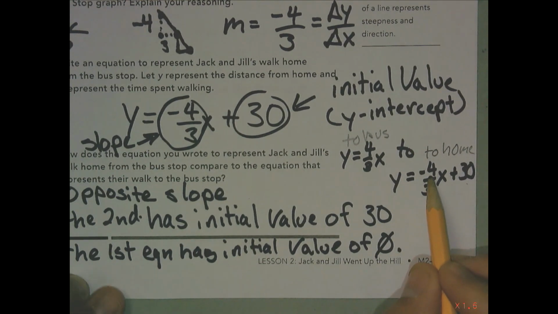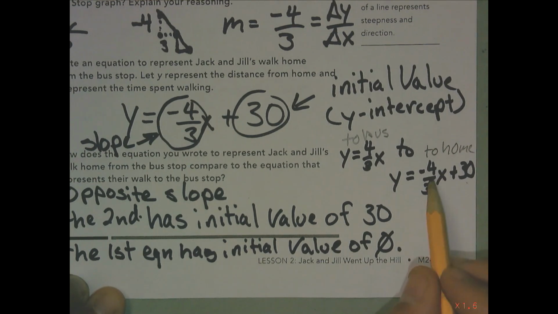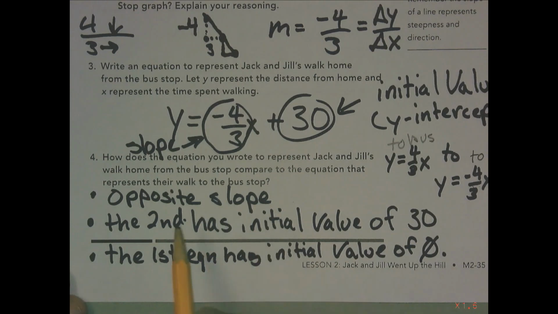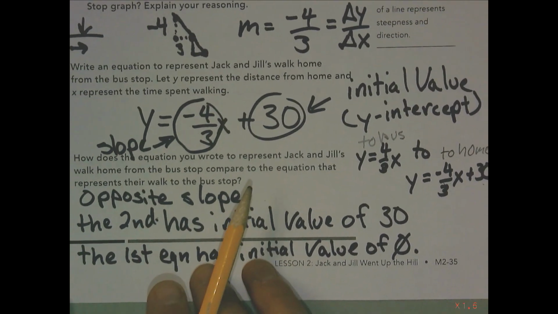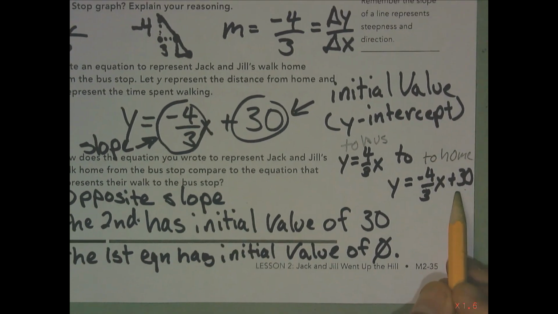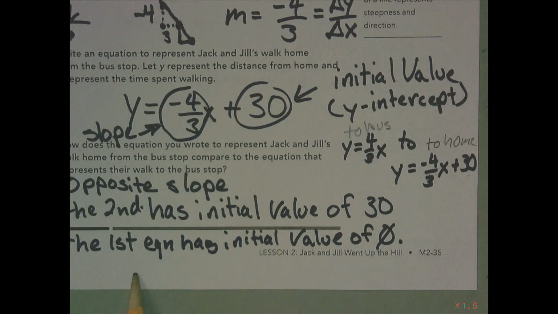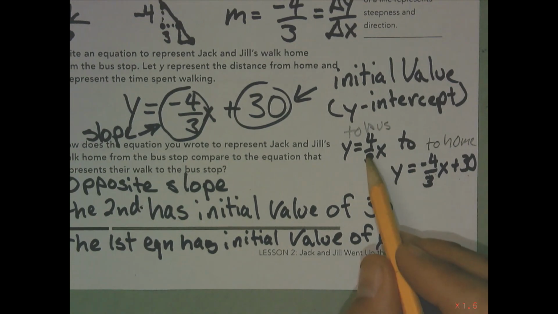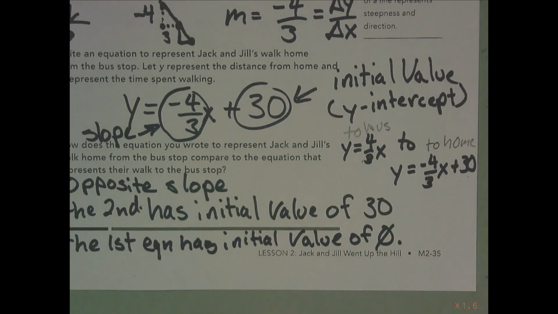Because you're walking home, the distance is decreasing as you get closer to home, so that's a negative slope. All right, so they have opposite slopes. The second equation has an initial value of 30 because that's where the bus drops you off, 30 yards away from the house. And the first equation has an initial value of 0 because you're leaving the house. You're 0 yards away because you're just leaving.